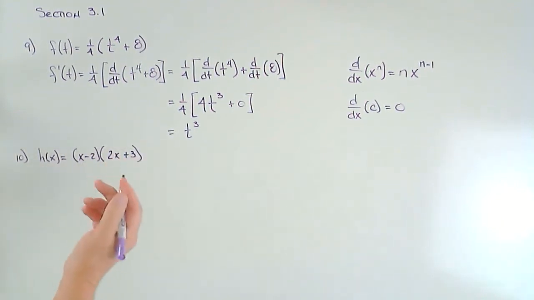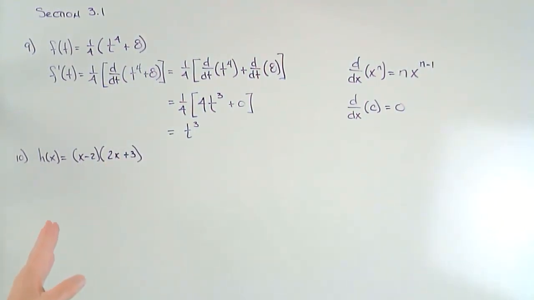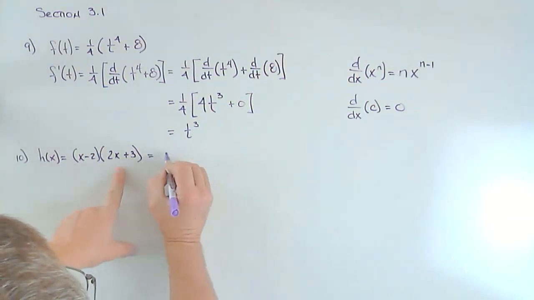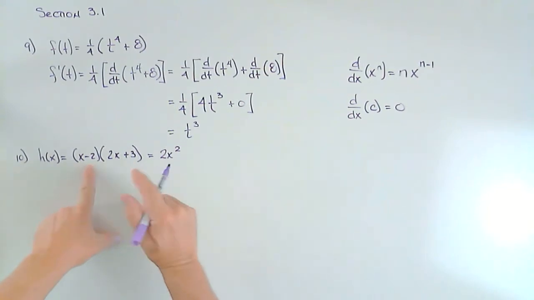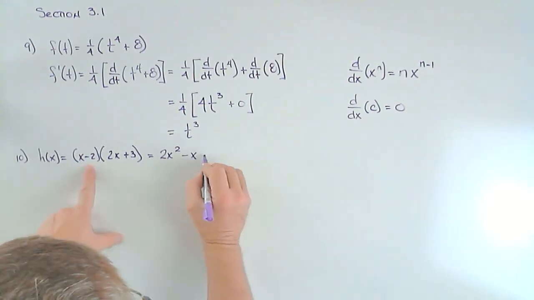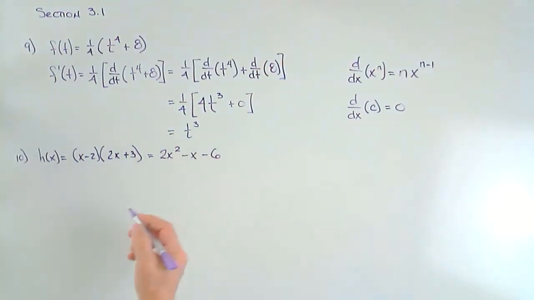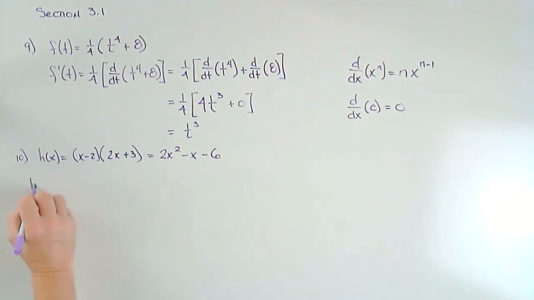So problem 10 is x minus 2 times 2x plus 3. And we don't know what to do if there's the derivative of a function times a function. We don't have a rule for that. If we go back and read all the rules in 3.1, there is not a rule for that. But that's not anything we can't overcome because we know how to FOIL. We know this is equal to 2x squared minus 4x plus 3x, so minus x minus 6.